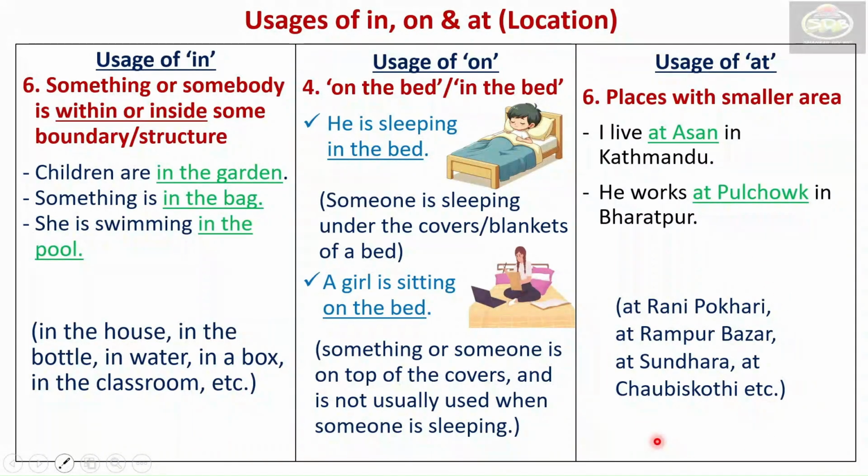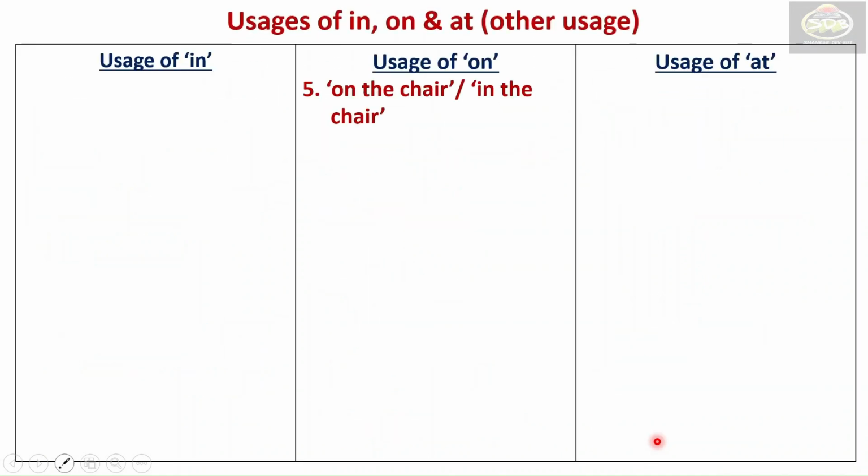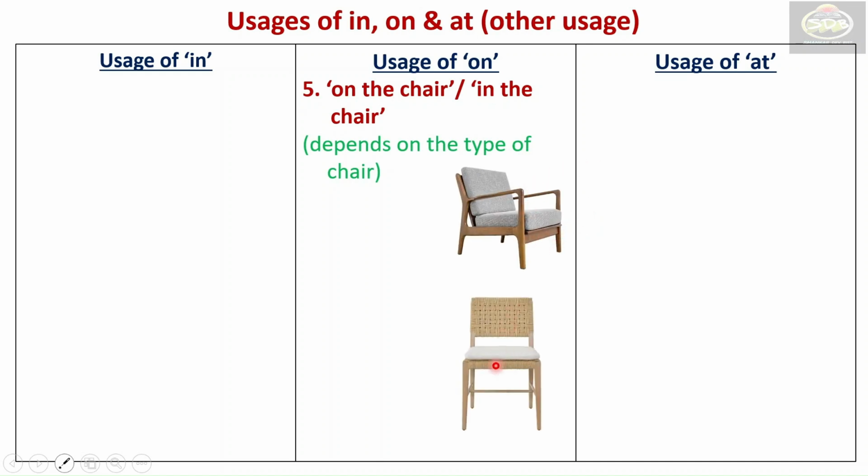Let's observe another usage of on. On the chair versus in the chair. It depends on the type of chair. Sometimes we use on, in other times we use in the chair. Look at the pictures. Look at the type of this chair. There is a boundary, there is covering from three sides.